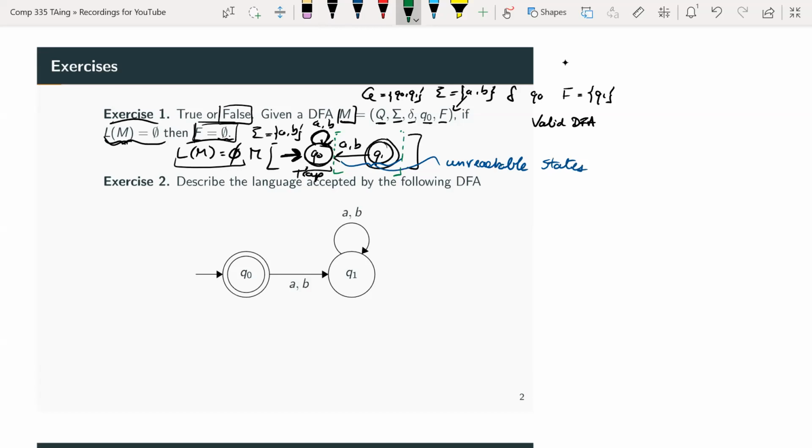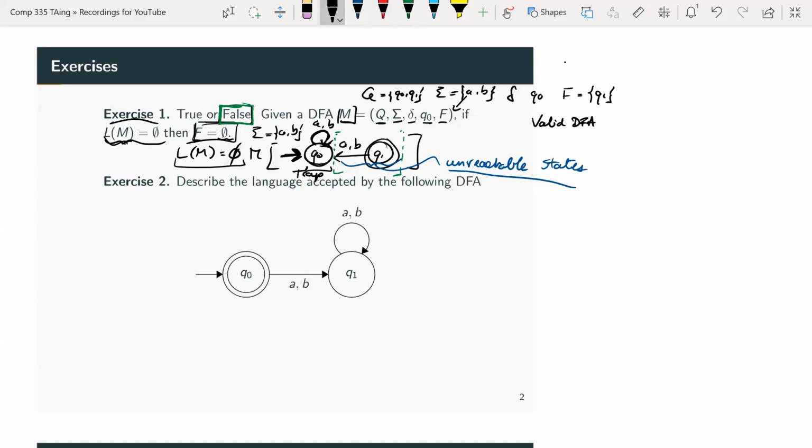So this is why this statement is in fact false, because I can add an unreachable state and it remains a valid DFA. This is a nice way of introducing the notion of unreachable states, which is going to be seen when we want to minimize our DFA. Okay, so hopefully for exercise 1, that's clear.